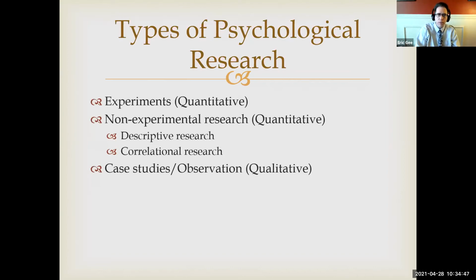With something like multiple personality disorder, which is relatively rare and hard to come across, it's hard to get groups of people with that kind of disorder together. Sometimes what we have is a case study to tell us more about that individual's experience. We'll see that there are good things and bad things about that, but sometimes that's all you can do, just look at things very in depth.